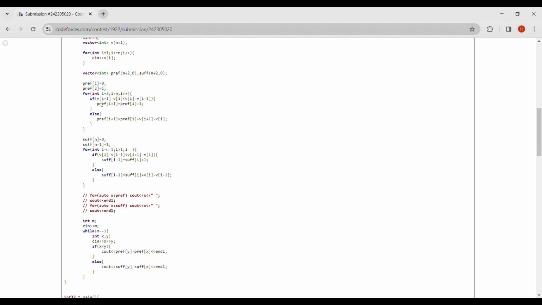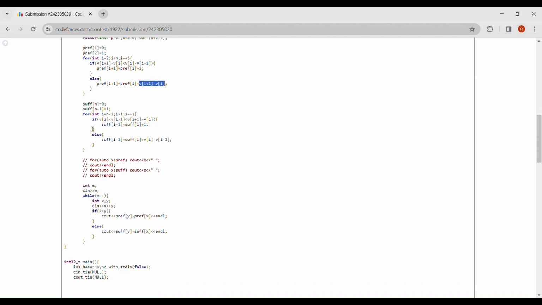Okay, now in this one, what I am doing, if the cost of traveling to the next city is smaller than traveling to the last city, then the coins we require to pay is 1 plus 1, means like up to coming to this i plus 1 to go to the next city. If this will not be taken, then whatever cost up to this city plus the difference between the next city and the right city.